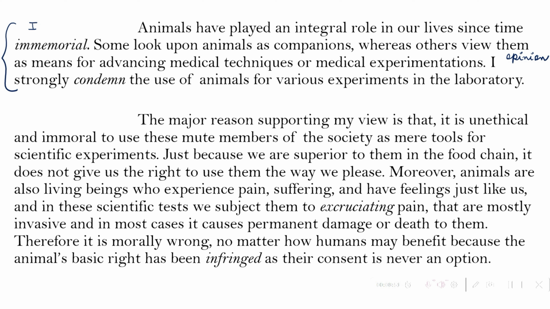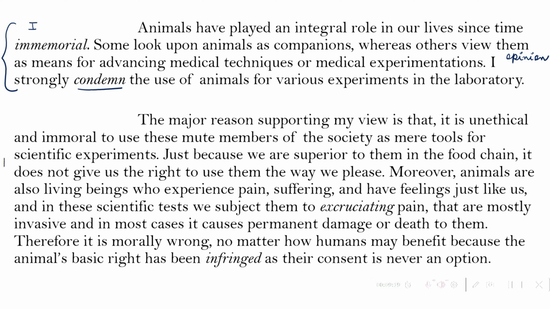Some look upon animals as companions, whereas others view them as means for advancing medical techniques or medical experimentations. I strongly condemn the use of animals for various experimentations in the laboratory. So I do not agree, I do not support the use of animals for various experimentations.